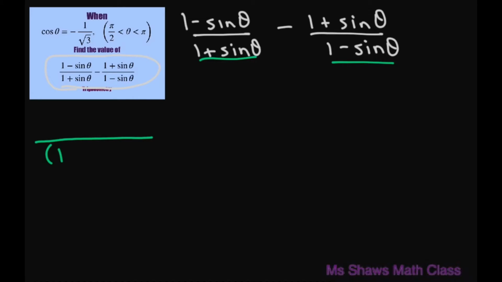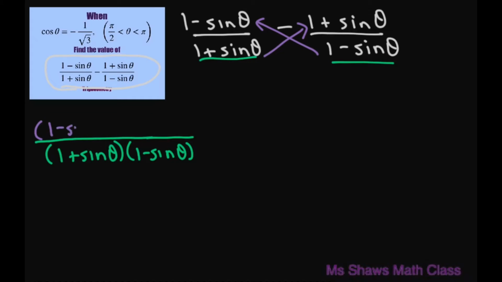So it's going to be 1 plus sine of theta times 1 minus sine of theta. All right, and then we cross these two up to get the right numerator. So that's going to be 1 minus sine of theta squared minus 1 plus sine of theta squared.